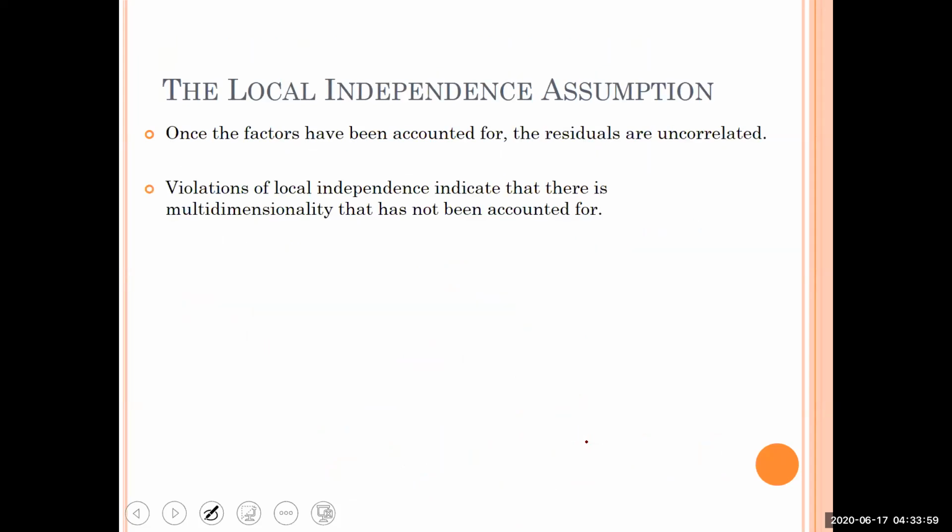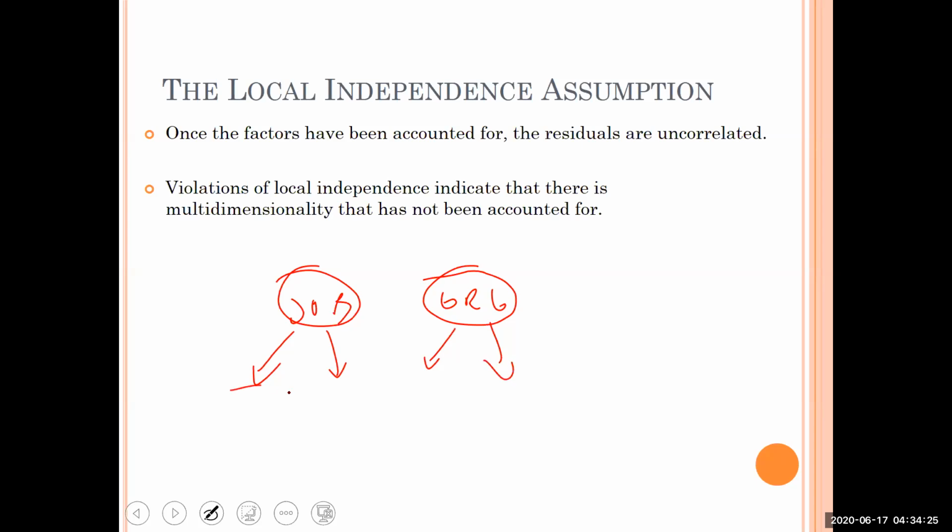Now, usually we assume local independence. Let's go back to the model with job satisfaction and organizational commitment. We have 4 items here, 4 indicators.